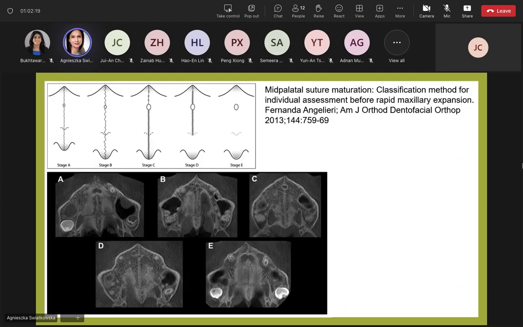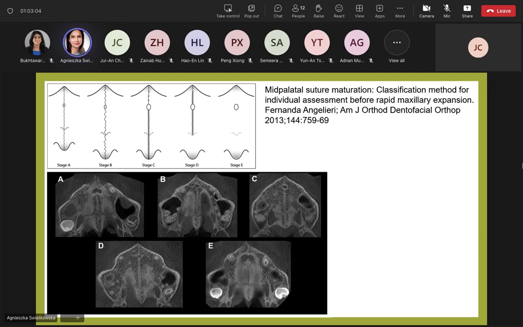Mid-palatal suture maturation. This is a rather new classification, a method for classification of the maturation of the palatal suture. You know that this is a very important part of the human body for orthodontics, especially when we have a narrow upper arch, when we are thinking about the expansion, because during expansion, we are thinking about opening the palatal suture because we want to make expansion on the skeletal level.